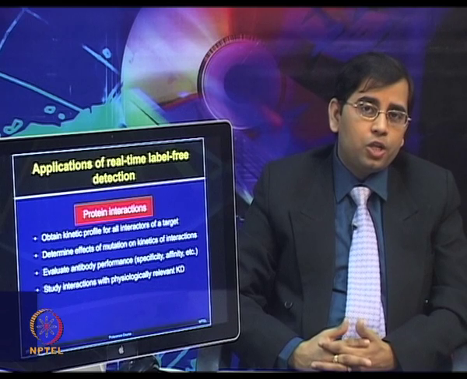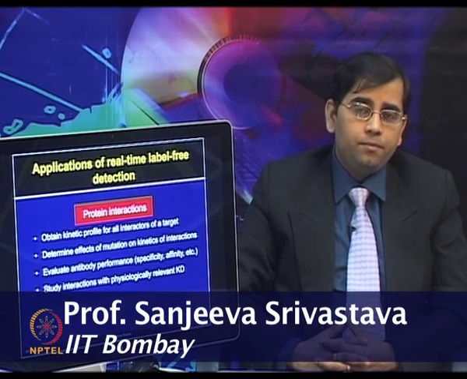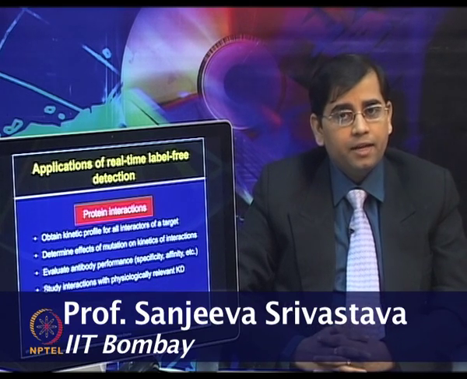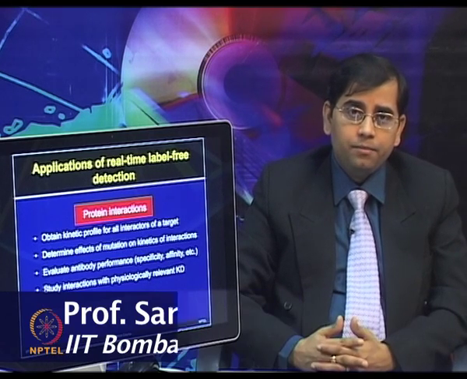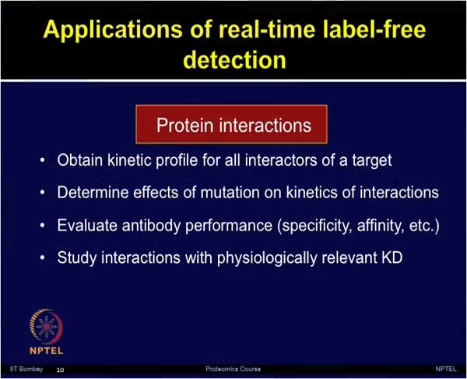There are various applications of label free detection techniques which can measure the biomolecular interactions in real time. First most important application is protein interactions. These label free techniques can obtain the kinetic profile for all the interactions of a target.